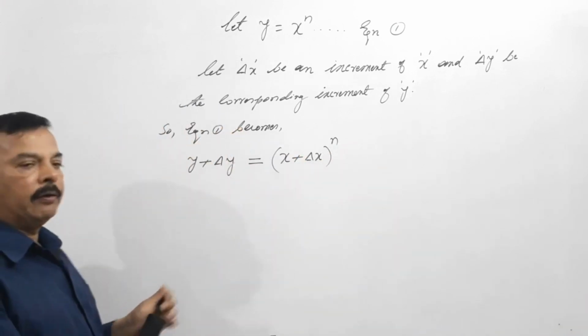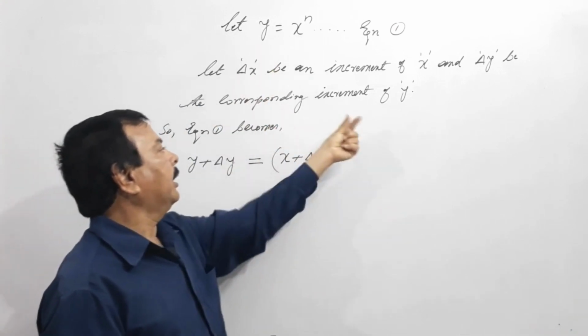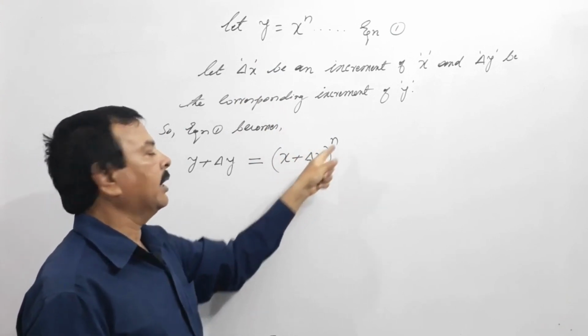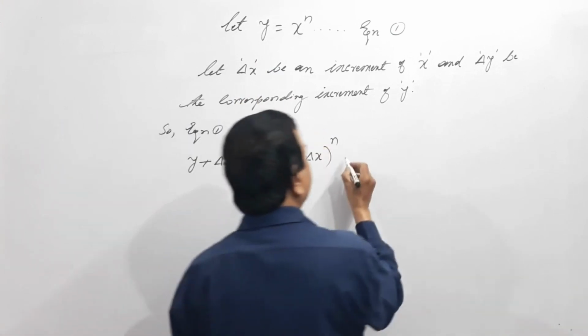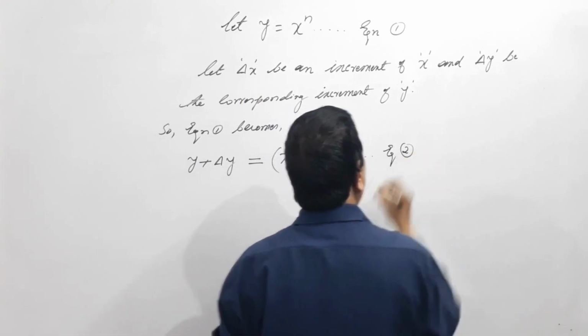So after giving an increment of delta y to y and delta x to x, it becomes x plus delta x to the power of n. I call this equation 2.